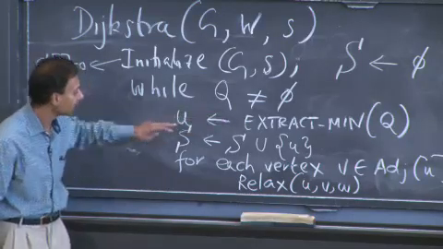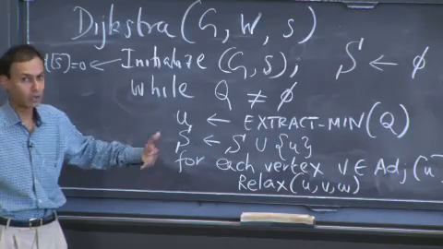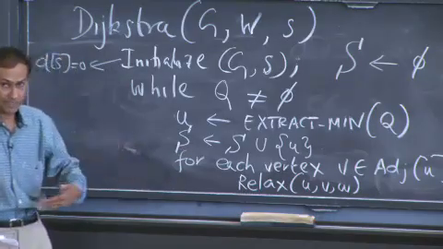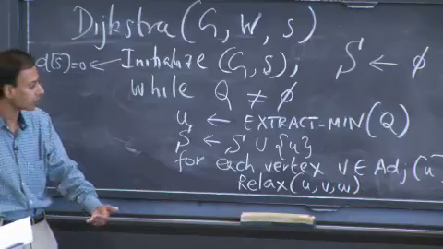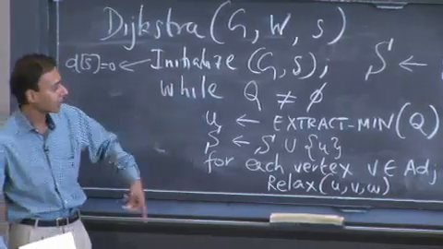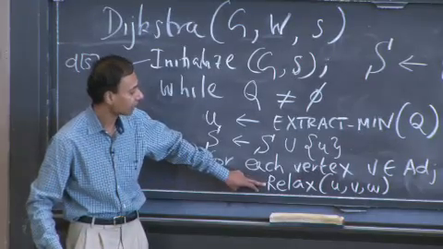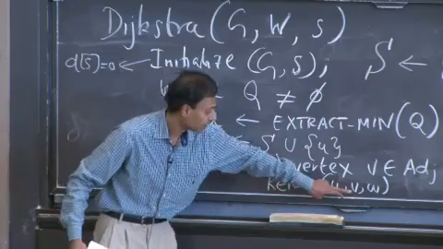So when you're putting something into S, you're saying, I'm done. I know the shortest path to this particular vertex, and I need to now process it in the sense that I have to relax the edges that are coming out of this vertex and update the priority values, because relax is going to go change the d values, as we know, corresponding to the vertex V.